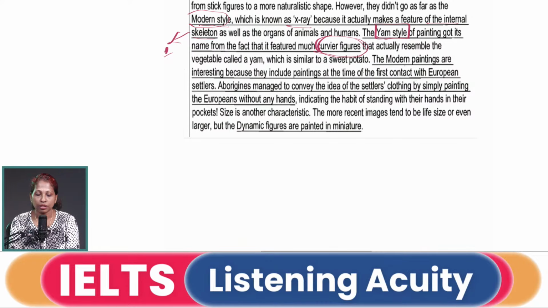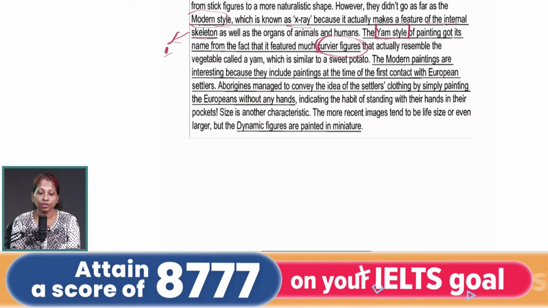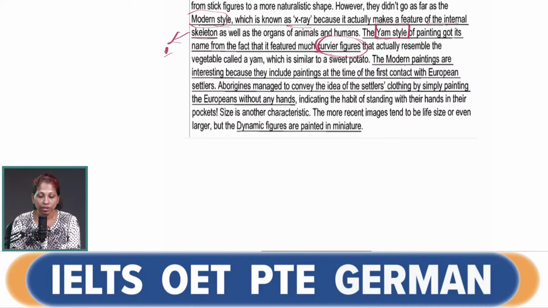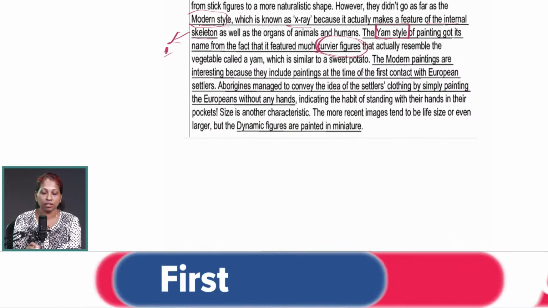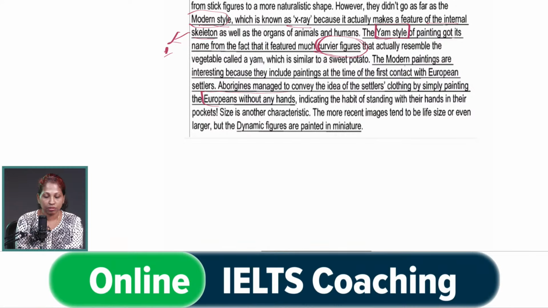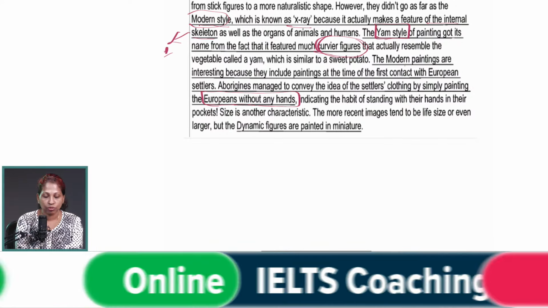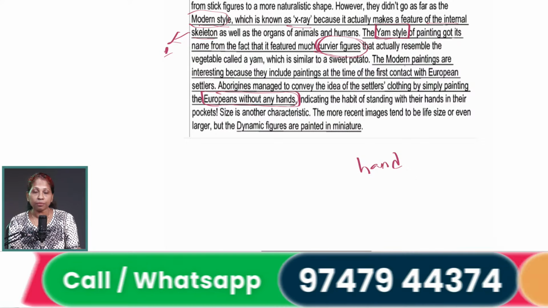So we have read, okay, the modern paintings are interesting because they include paintings at the time of the first contact with European settlers. Aborigines managed to convey the idea of the settlers' clothing by simply painting the Europeans without any hands. So here you can see they used to paint the Europeans without their hands, and hand is a part of the body. Your arms, right?